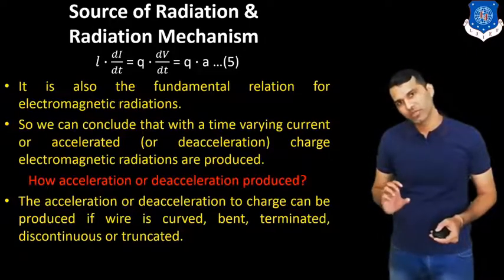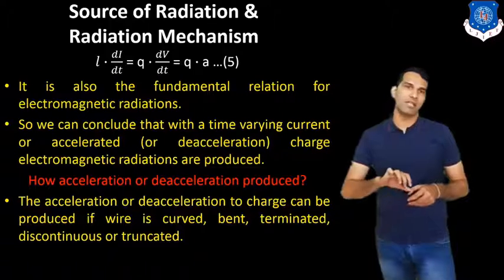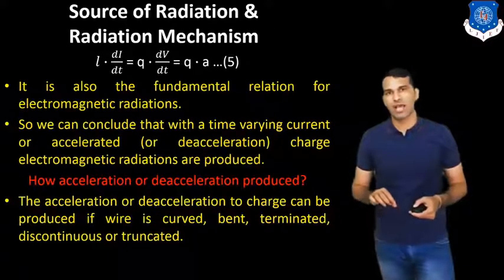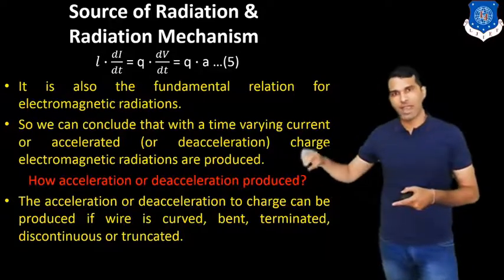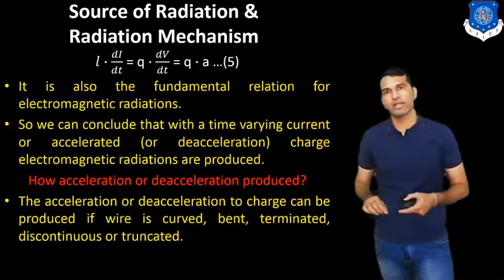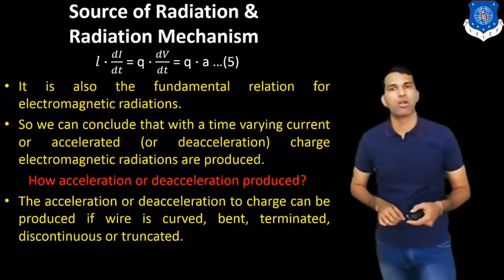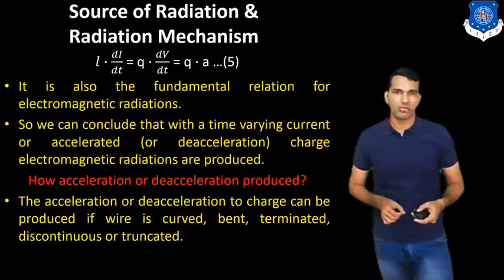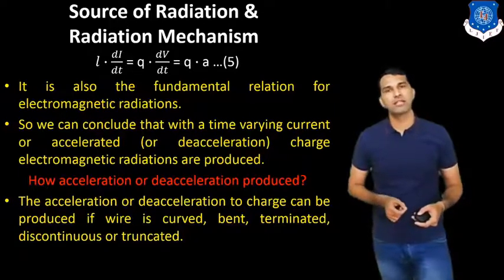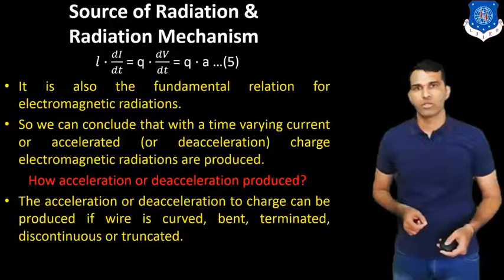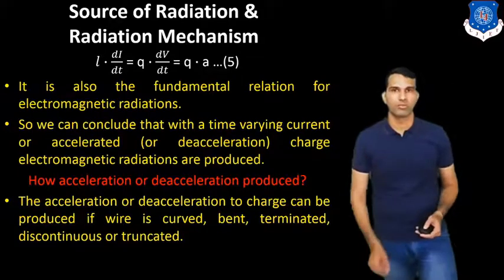When the wire is an infinite length straight wire, no radiation is produced. But if the wire is bent, terminated, or has a discontinuity, then this acceleration and deceleration is produced. Due to this, the electromagnetic wave is produced.